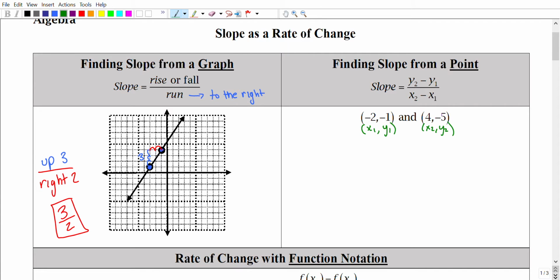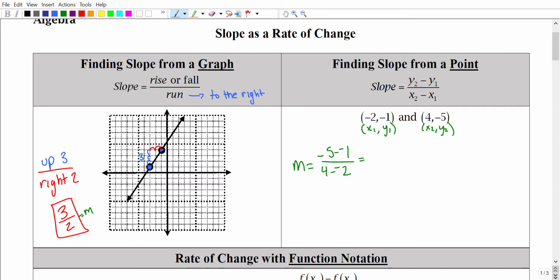And what we're going to do is just apply our equation to find the slope, which is m equals y2 minus y1. So in this case, it would be -5 minus a -1 over x2 minus x1, which is 4 minus a -2.